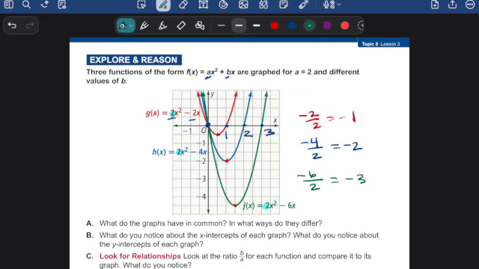Now compare that to their vertexes. Can you see something? So for g of x, the vertex is at 0.5 comma negative 0.5. So we're just looking at where the line of symmetry is. The line of symmetry is at 0.5. Okay, what's that relationship to our ratio of b over a?